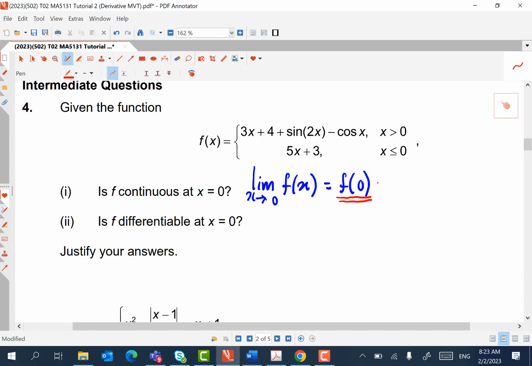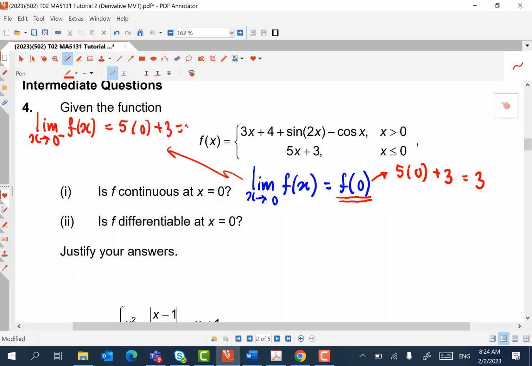Very good. So f of 0 is actually 5x plus 3. And how do you do the limit? Good. And then from the right side.